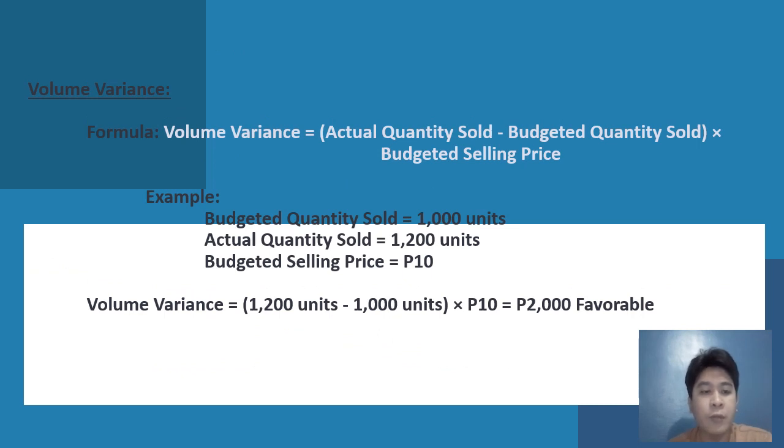If we are going to compute the variances in volume, we can use these examples and the formula given: actual quantity sold less the budgeted quantity sold multiplied by the budgeted selling price.